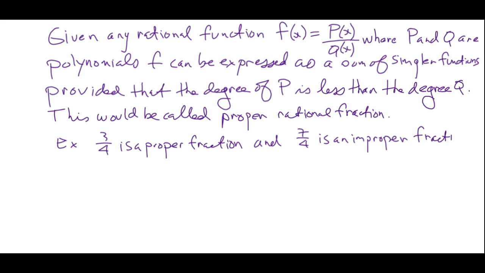How do we do that? You divide. 4 goes into 7 once. 1 times 4 is 4, gives you 3. Got a remainder of 3. So 7/4 is equal to 1 plus 3/4. And now you have a number and a proper fraction.